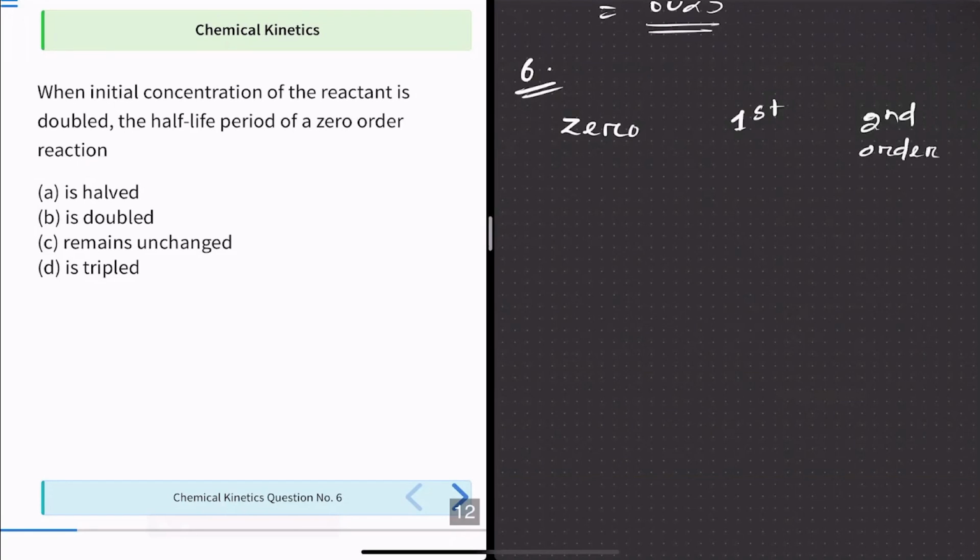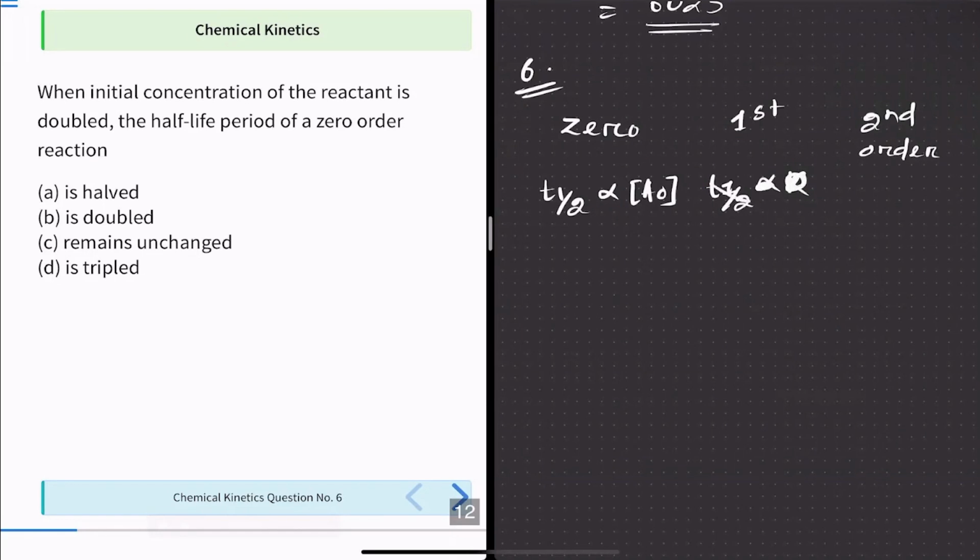For zero order reaction, the T half is directly proportional to the initial concentration. For first order reaction, T half is not related to A naught. It doesn't depend upon the initial concentration. So it is a constant.